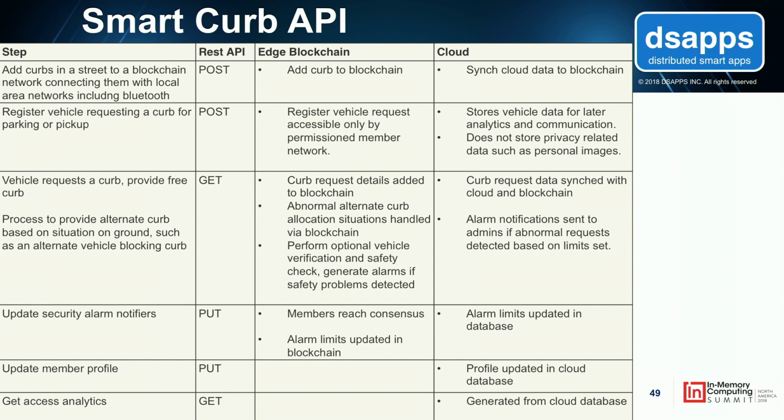Then when the vehicle requests a curb, it's like a get operation using an API, and it tells the vehicle which curb it can go to. And if that curb is taken, as the car goes to that curb, if you have a delivery van come and take it up, it's immediately routed to a different curb. So you have to be able to work in real time.